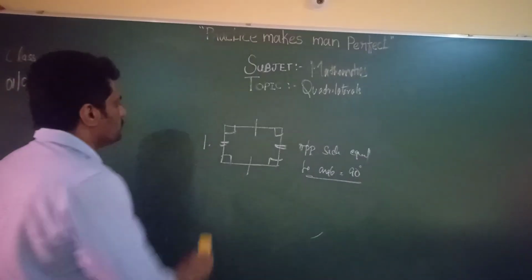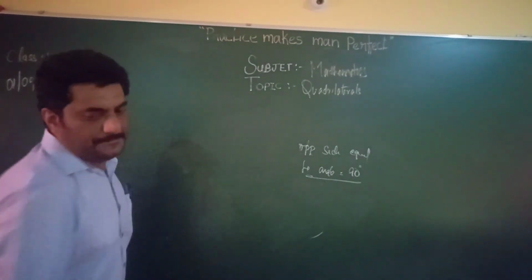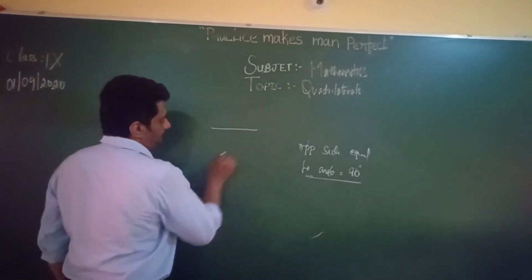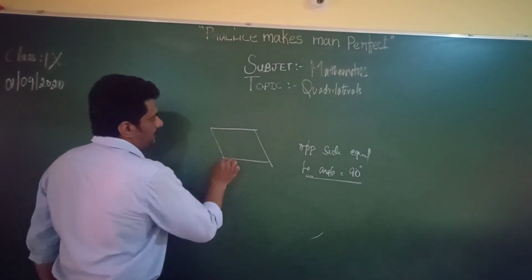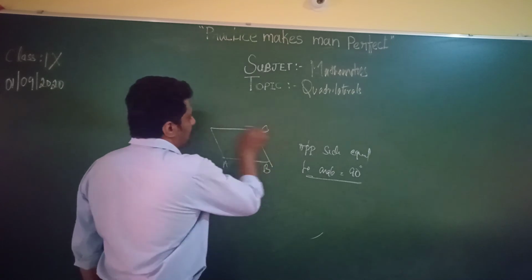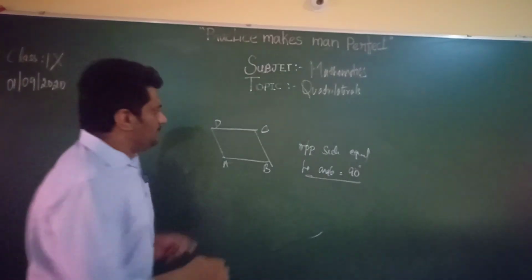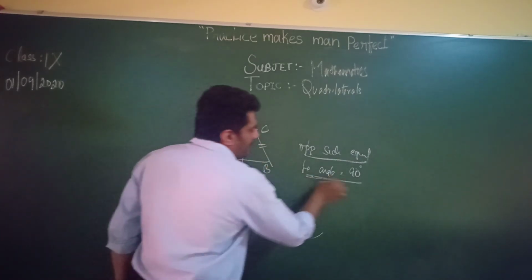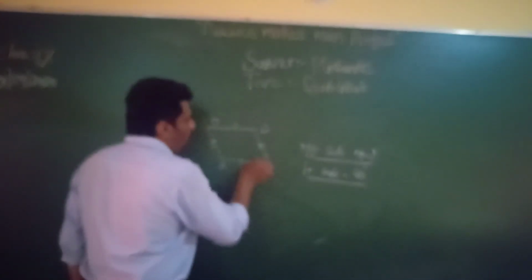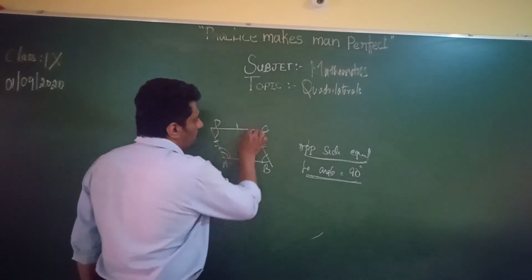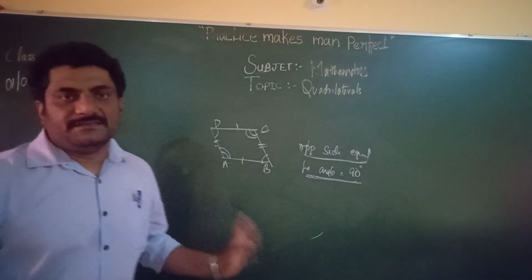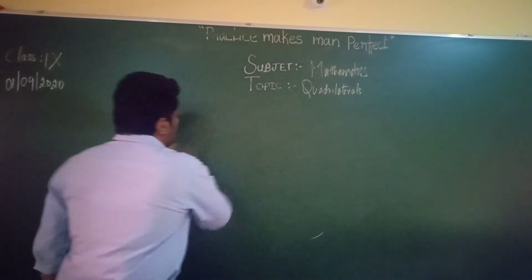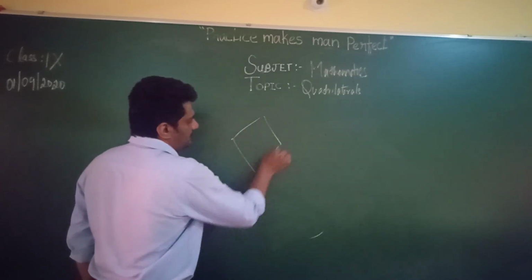Similarly, if I go to the parallelogram, A, B, C, D. Now in parallelogram, opposite sides are equal, correct? But 4 angles are not equal to 90 degree. Opposite angles are equal. This is parallelogram. All these are the brief properties. Okay, now next, if I go to rhombus.